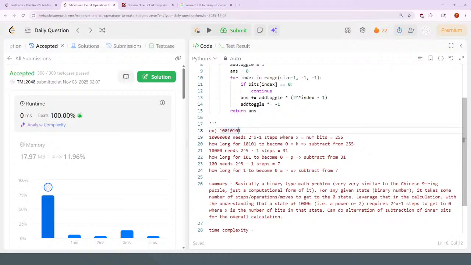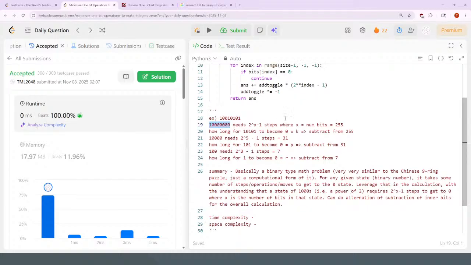So in order to go from 1 followed by a bunch of things that aren't zeros, you need to find the number of steps it would take to change those things to become zeros. Let's say that's k, and you subtract k from 255 because 255 is how much it takes to get this power of 2 to become 0. And then that becomes kind of a subproblem.